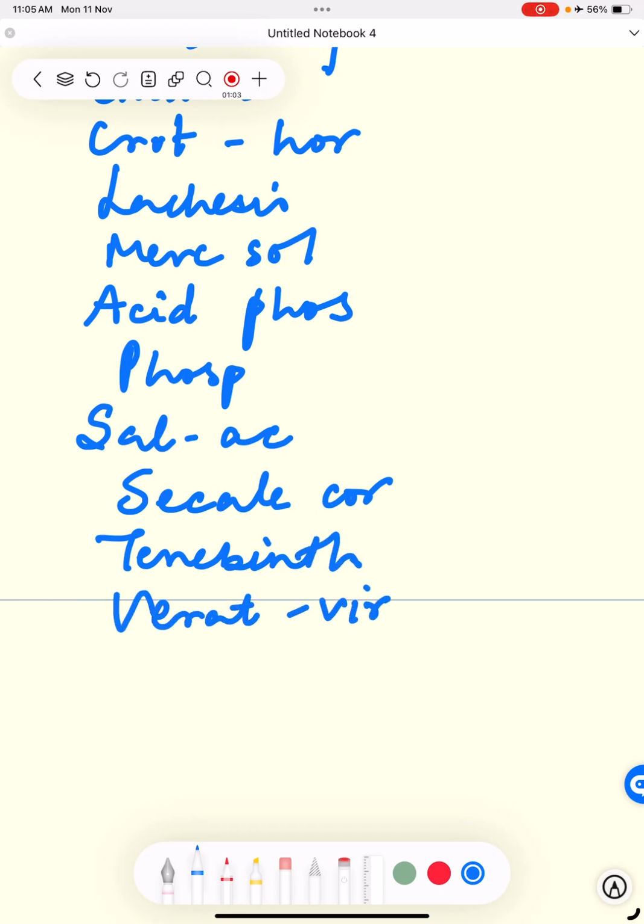So a long list and many more remedies actually. So go in details and try to find out, and you shall be able to manage cases of idiopathic thrombocytopenic purpura well.